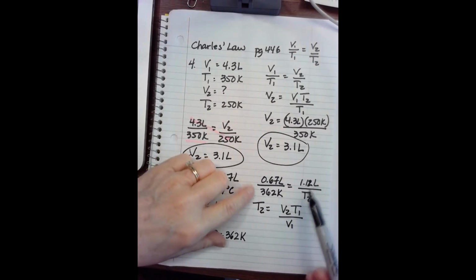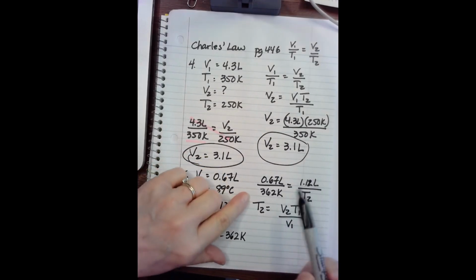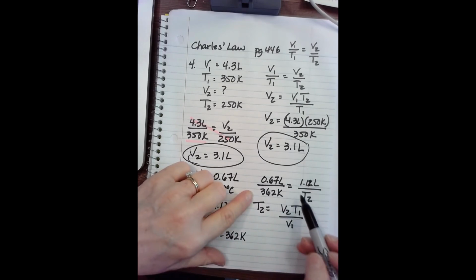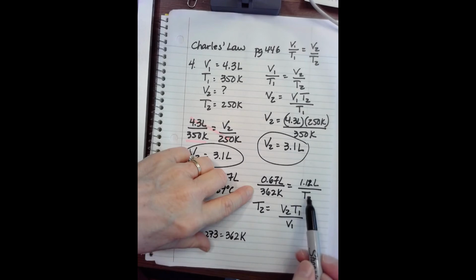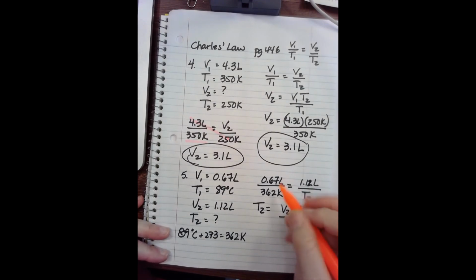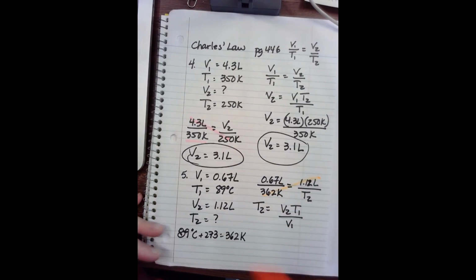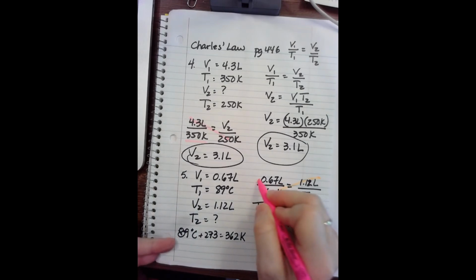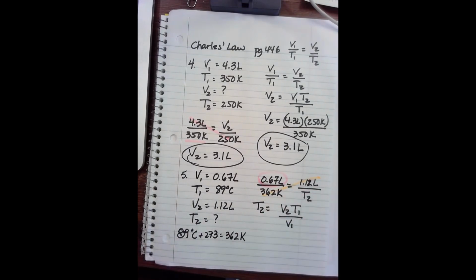I'm going to always start, if I'm using this format, opposite my unknown because whatever is connected to my unknown becomes a divisor. So this time I would be cross multiplying here, and then I would be dividing by this because it is connected to here when we think about cross multiplying.